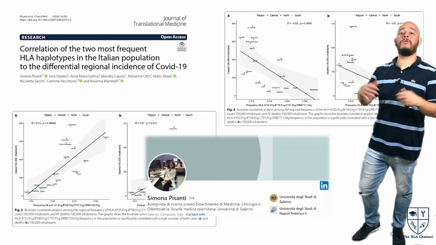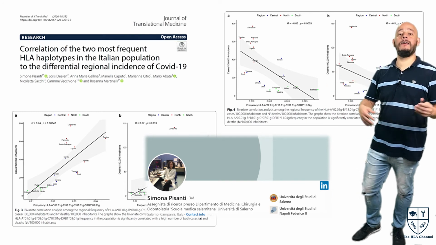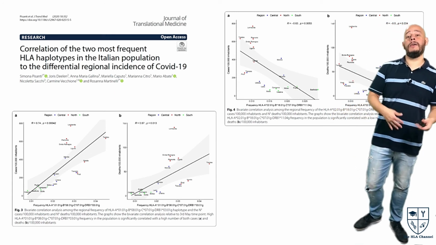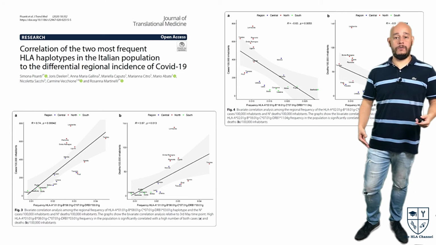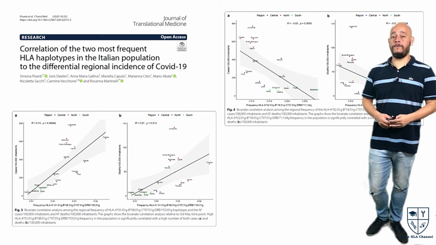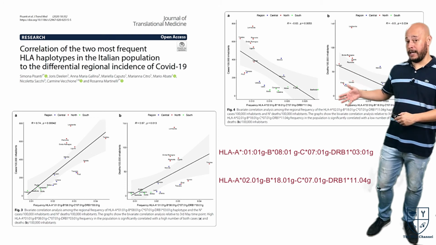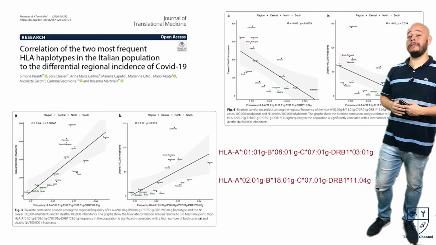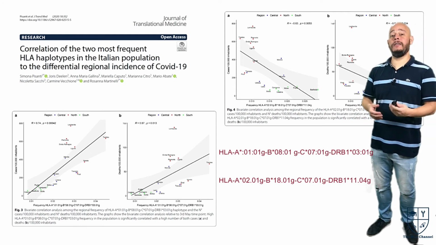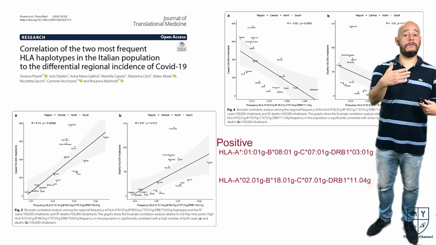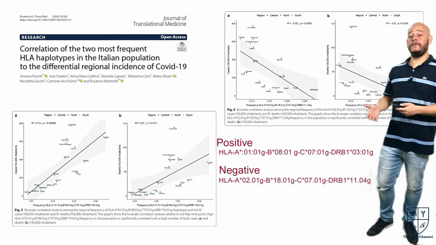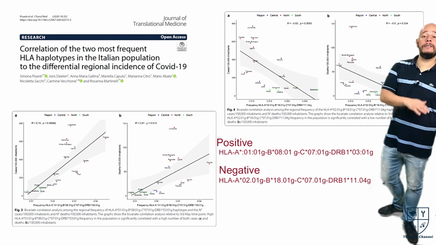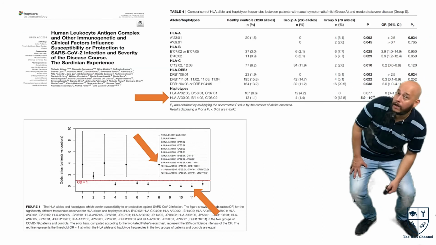Pisanti performed a geographical epidemiological analysis to find out whether in an Italian population there are particular frequent haplotypes and HLA alleles, right? So they found that this haplotype had a regional distribution overlapping that of COVID-19 and showed, respectively, a positive suggestive of susceptibility and a negative suggestive of protection, significant correlation with both COVID-19 incidence and mortality.